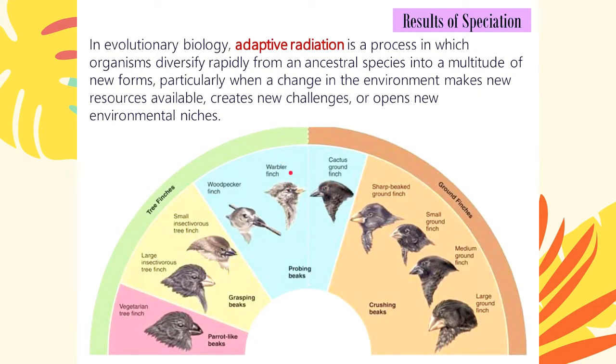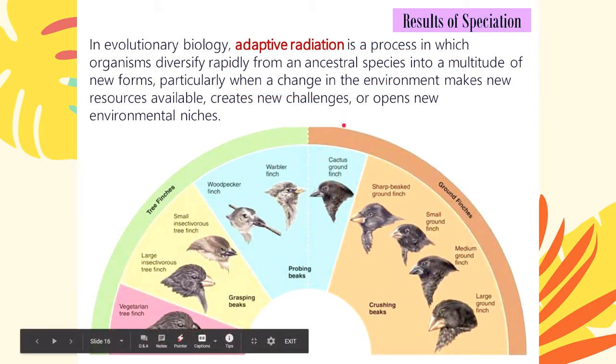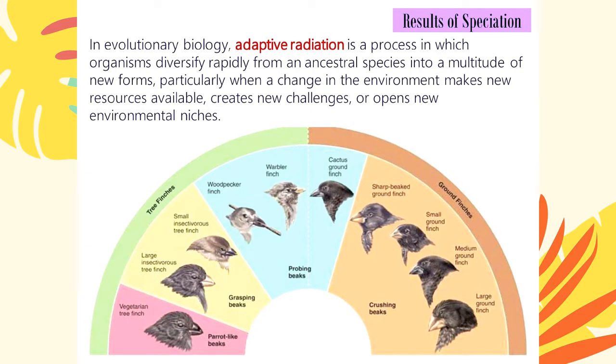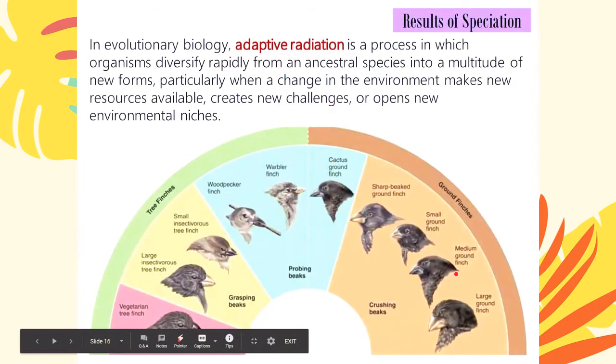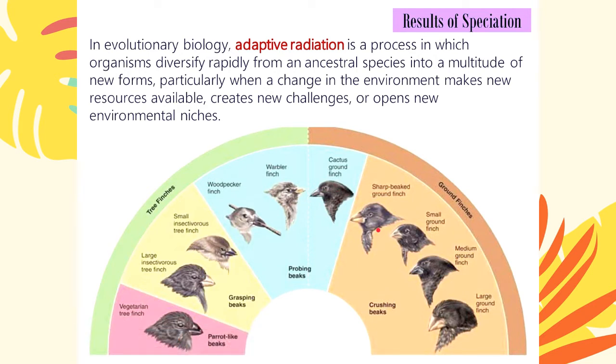Another result of speciation is seen in adaptive radiation. It is a process by which organisms diversify rapidly from an ancestral species when a change in the environment makes new resources available, creates new challenges, or opens new environmental niches. This was mostly seen in the Galapagos finches, which were observed by Charles Darwin during his voyage aboard HMS Beagle.